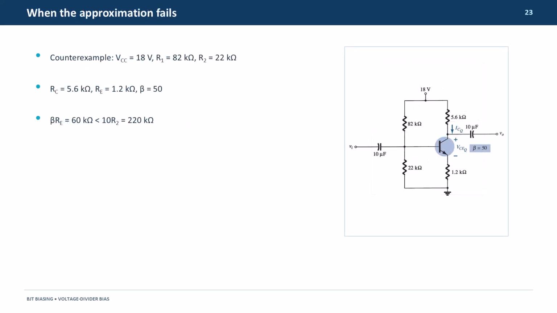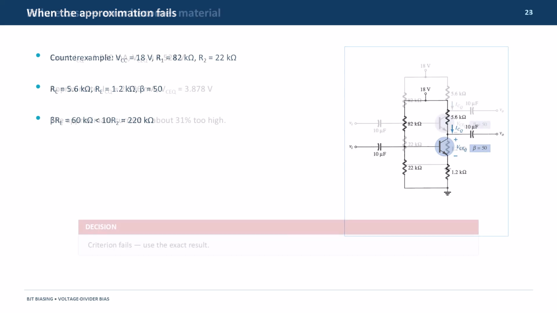Now consider a weaker divider with beta equal to 50. Beta R sub E is only 60 kilohms, while 10 R2 is 220 kilohms. The validity test fails. Base current significantly loads the divider, so the exact method must be used.